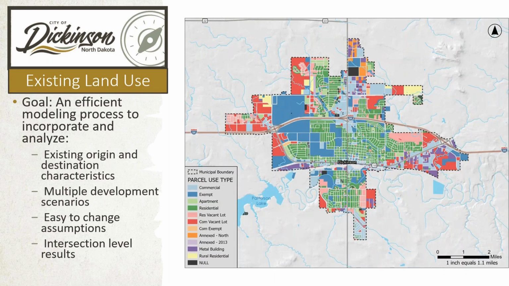So looking at Dickinson, it really does have its main downtown on that business loop, Highway 10, going into the southern part of the city. Most of the commercial is along this business loop coming in and out of the city to Interstate I-94, as well as a lot of residential in the other locations.